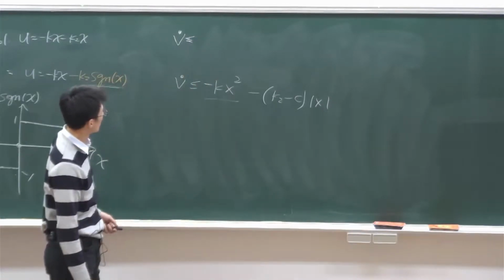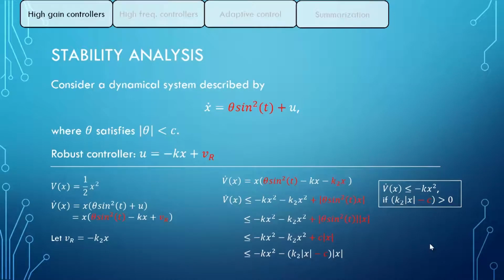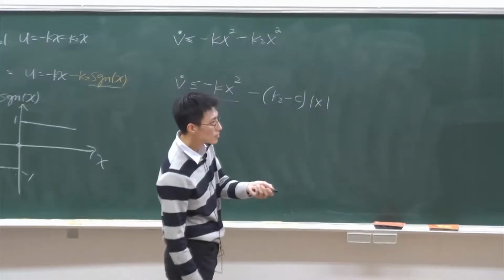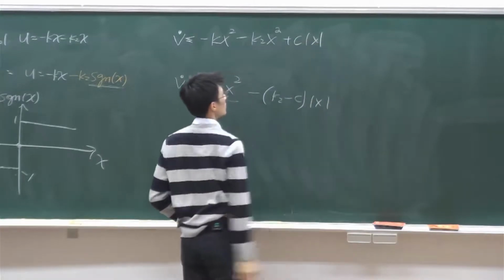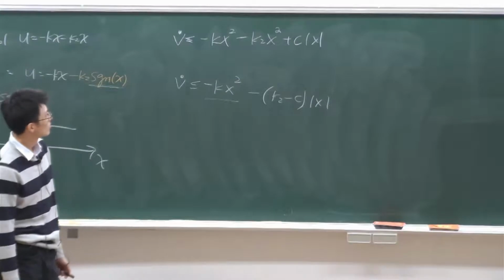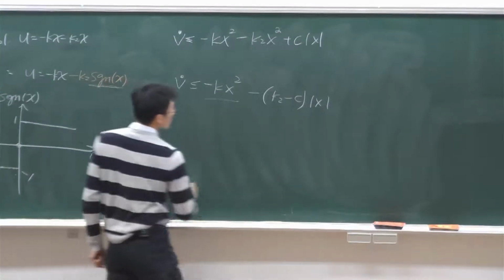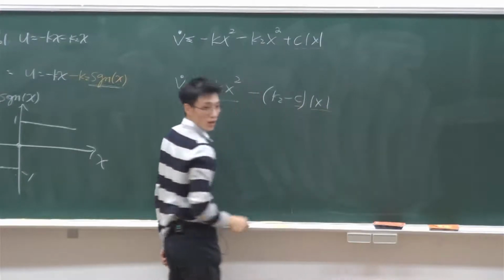A minute ago, what happened in the high gain control? V dot is upper bounded by minus K2X squared and CX. What's the difference? This is the same, this is the same, right?